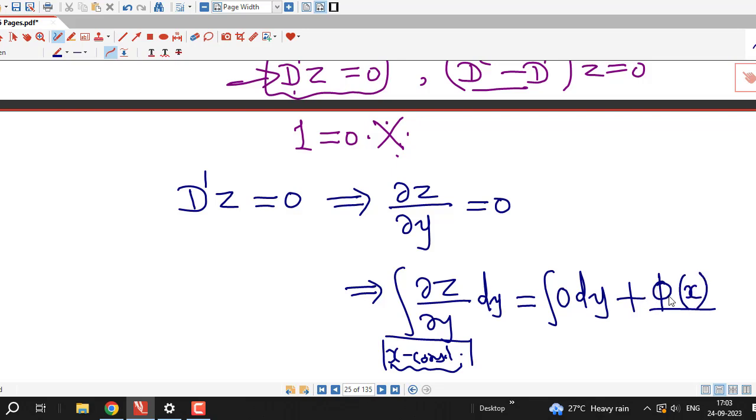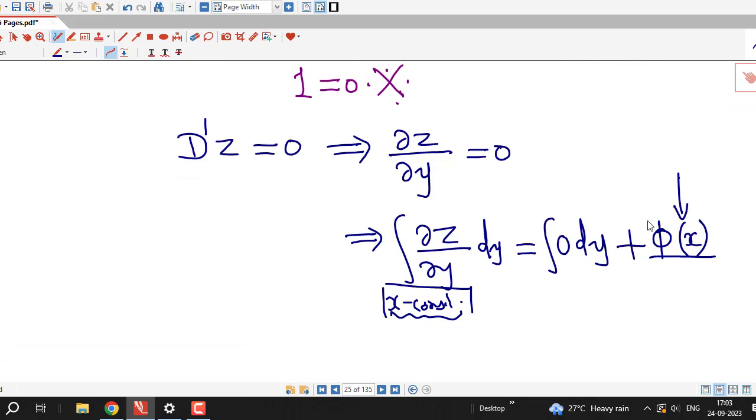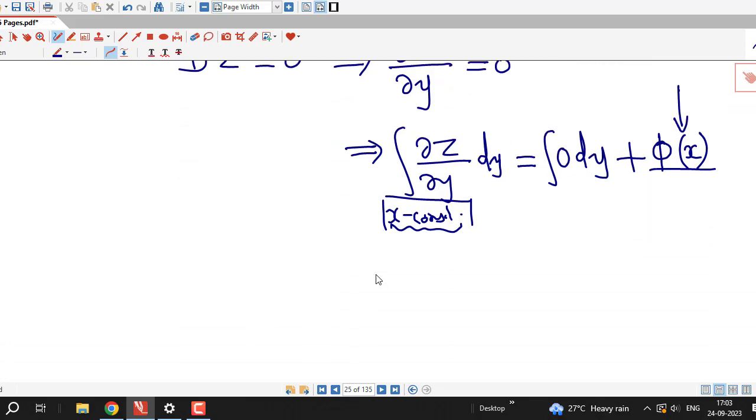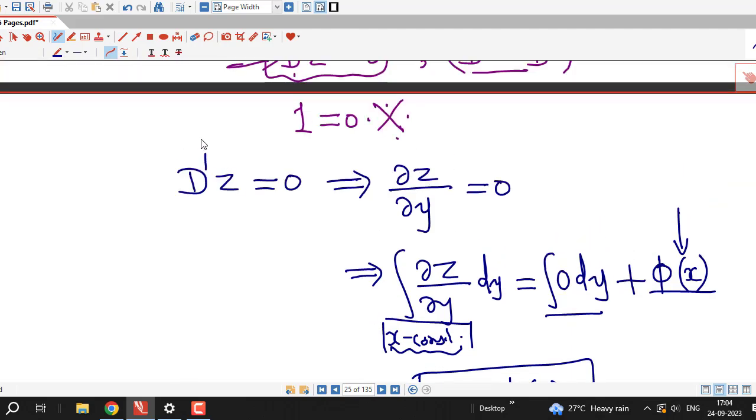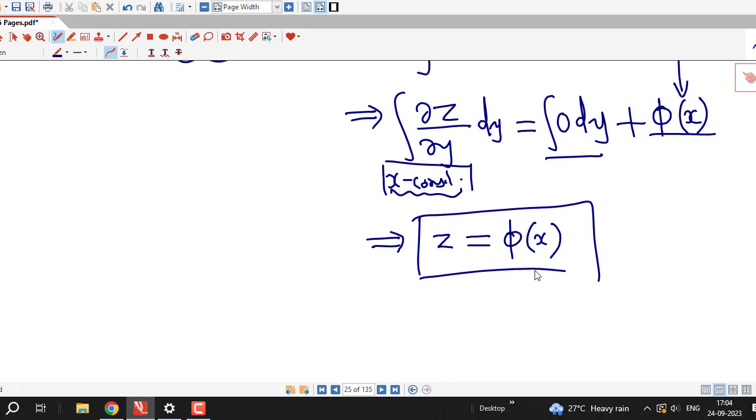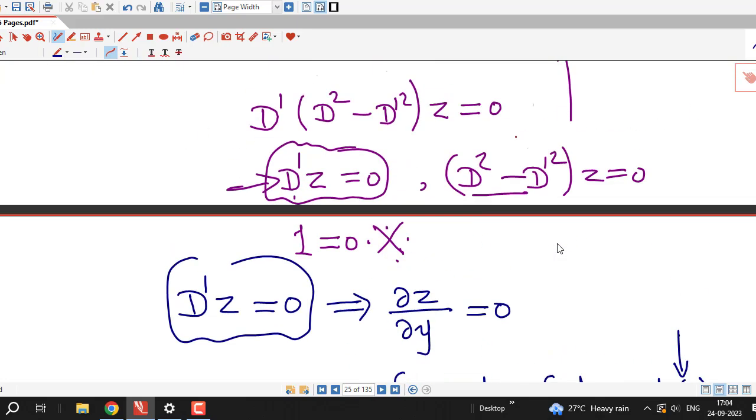So instead of writing plus c as arbitrary constant, I will write an arbitrary function of x as the arbitrary constant, and from this, integral of del z by del y is z, integral of 0 is 0, and I will have an arbitrary function of x. So whenever I have D' in the product, the part of general solution corresponding to D' will be written as an arbitrary function of x.